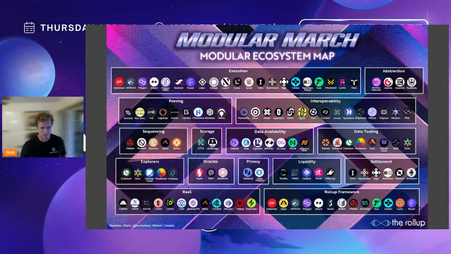And by the way, I know I just talked a lot about Celestia specifically, but if you zoom out, this is a much bigger ecosystem than just Celestia. And there's a bunch of different components and parts of the stack. And really, something I want to drive home is that the modular blockchain movement is so ambitious and big that there's no way any one team can build it.